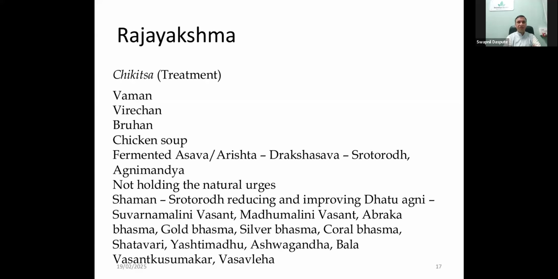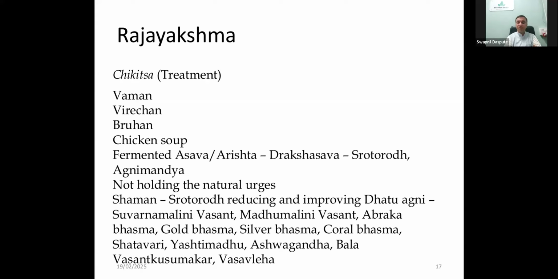Bruhana is nourishing, but at times it is heavy to digest. So Bruhana, if not given when the Agni is proper, will cause ama. So any Bruhana treatment, when given, you have to start with a smaller quantity, understand how the patient is responding, how it is getting digested, and then start increasing the quantity.